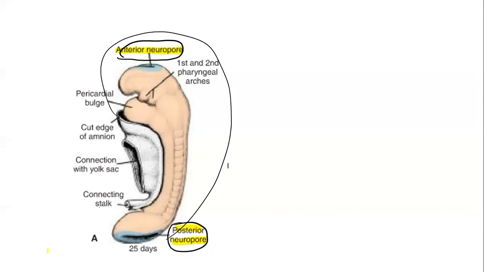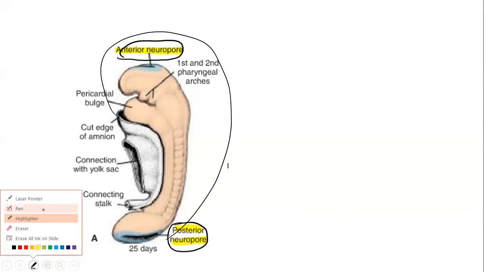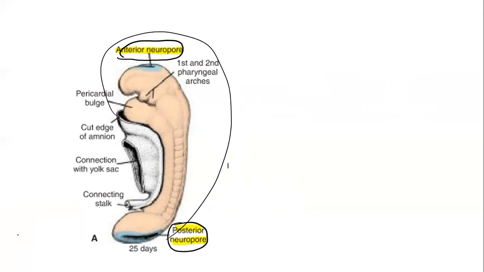Why are these pores important? Neurulation is marked to be complete when both of these pores close. So closure of the pores marks the end of neurulation.